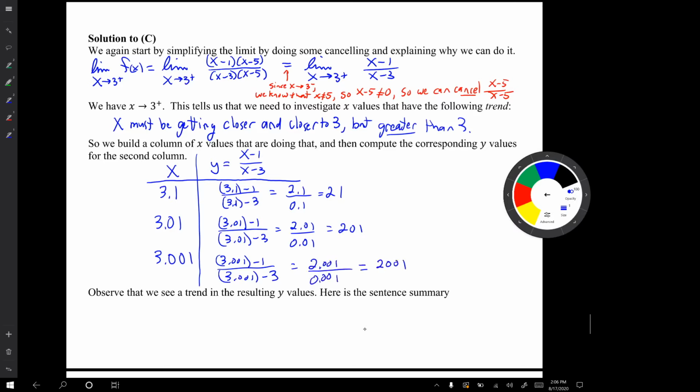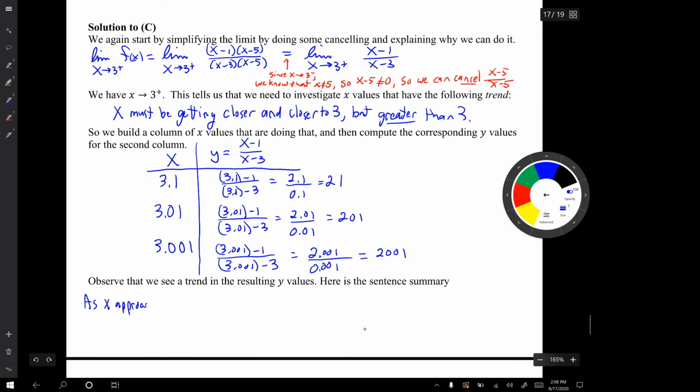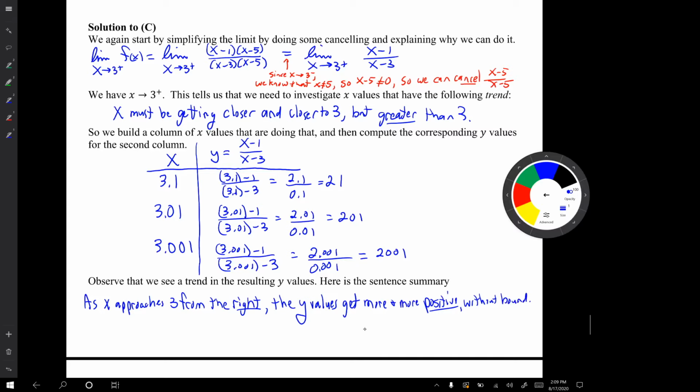So notice that there's a trend in the resulting y values. The y values are getting more and more positive without bound. So here's the sentence summary. As x approaches 3 from the right, the y values get more and more positive without bound.